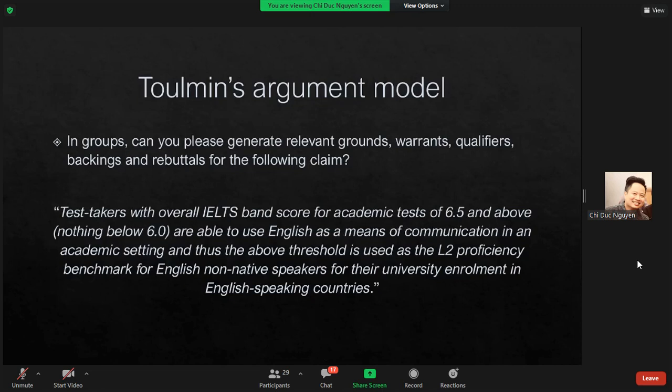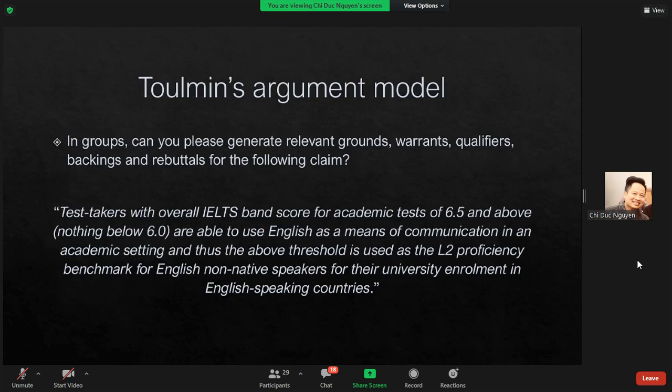Actually, we have three different IELTS tests because IELTS does not want you to do the same test several times. The thing that we need to do here is ensure that the test in May, the test in July, and the test in October must be equally valid and must have the same difficulty level.